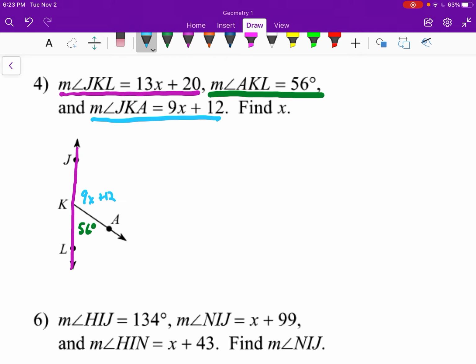Once again, we're going to be using the angle addition postulate. The two adjacent angles will add up to equal the larger angle. So this, we can write 56 plus the 9x plus 12 will equal the 13x plus 20.